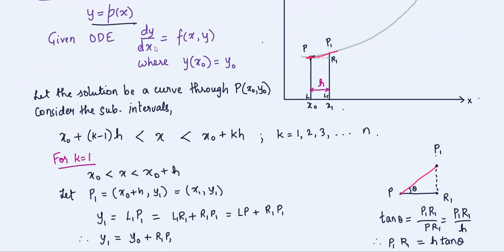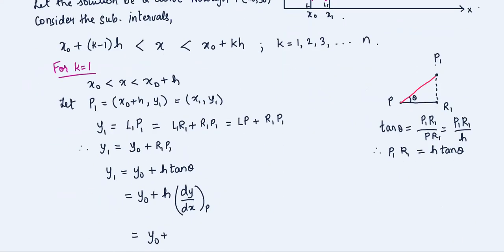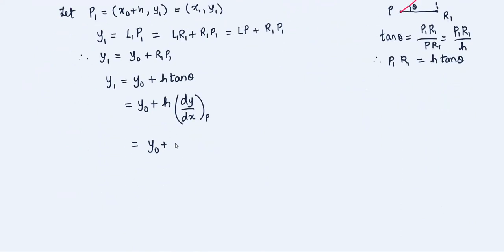So this is h times f(x, y) at P. What is P? (x0, y0).